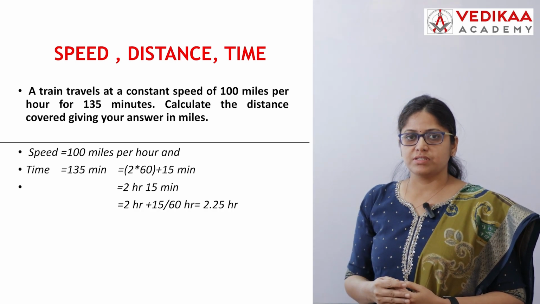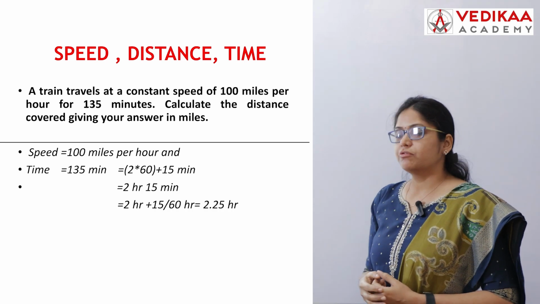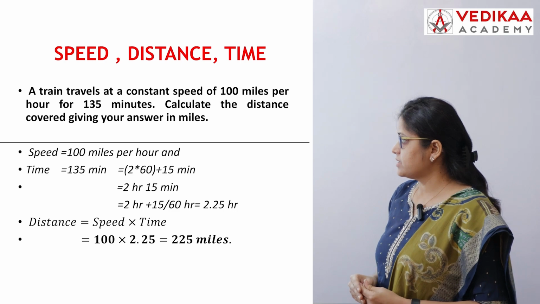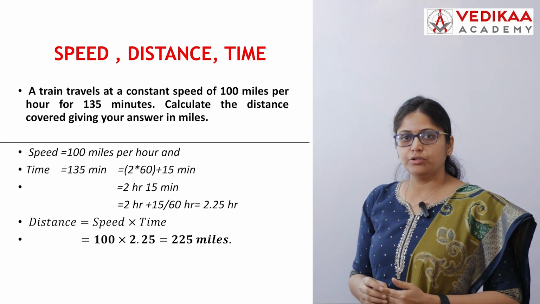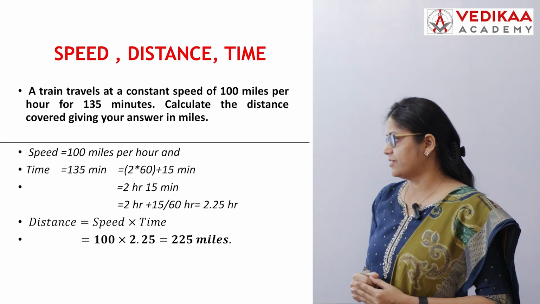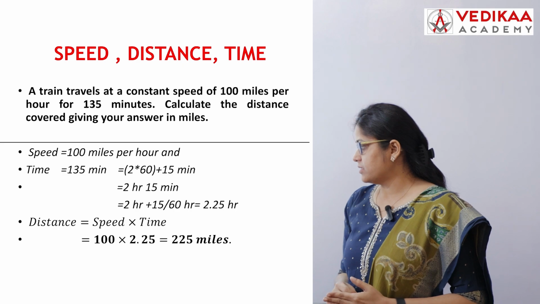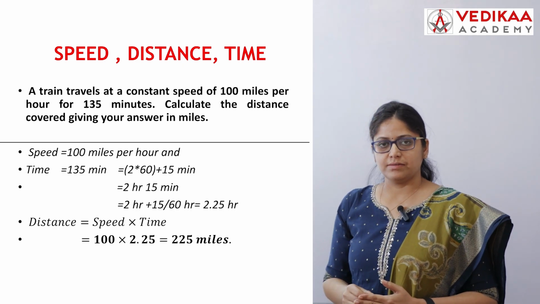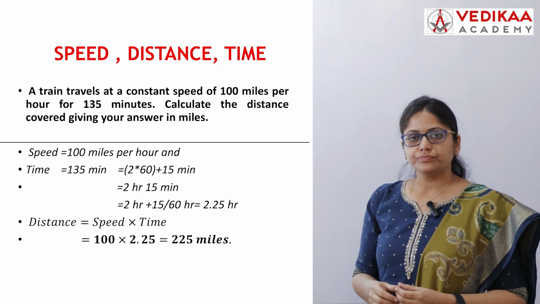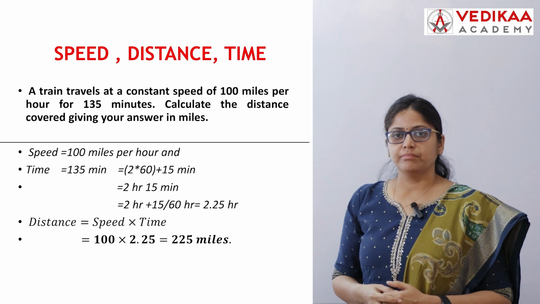So 15 upon 60 is nothing but 0.25. So overall time will be equal to 2.25 hours. Now distance is equal to speed into time. So just substitute the values of speed, that is 100, and time, which is 2.25. Your final answer is equal to 225 miles, as it is required to calculate the distance in miles. The final answer is 225 miles.